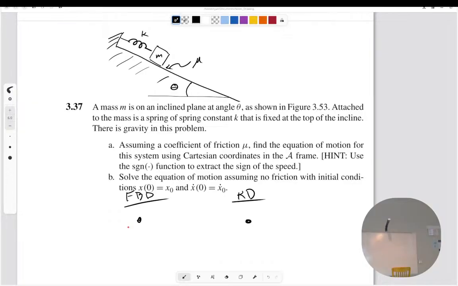I'll draw what I have so far, or at least what I've seen so far.